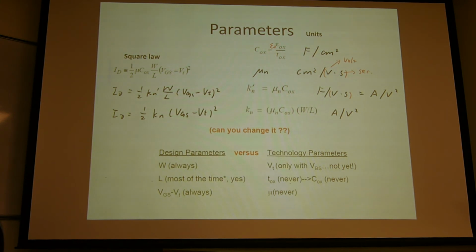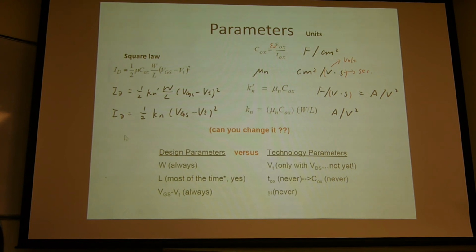If you are a circuit designer, for example, for design houses or fabless companies like Apple or Qualcomm, you cannot change the technology parameters. What you can change as a circuit designer is the geometry, the structure of your transistor. Mostly you can change the W, how wide your transistor is.